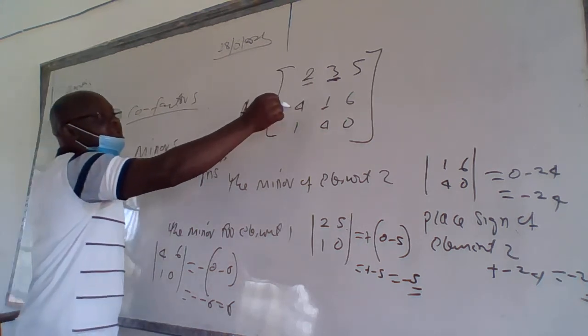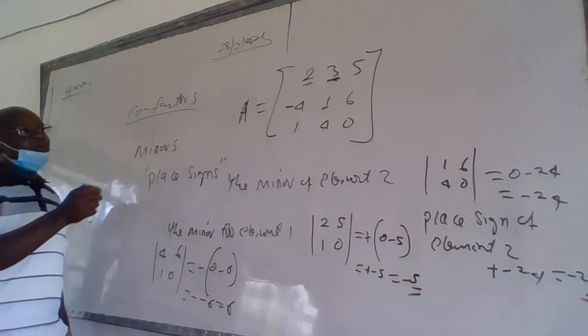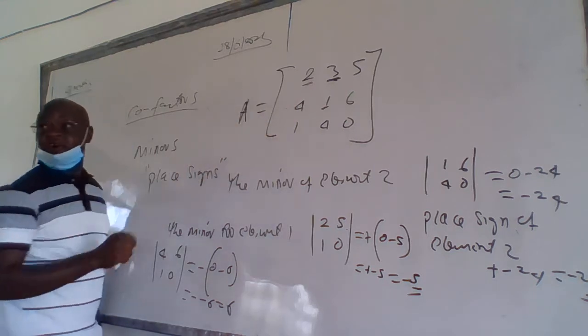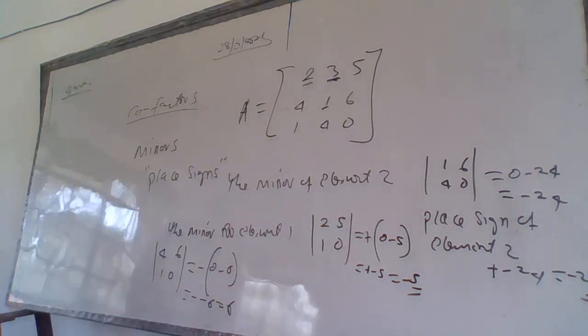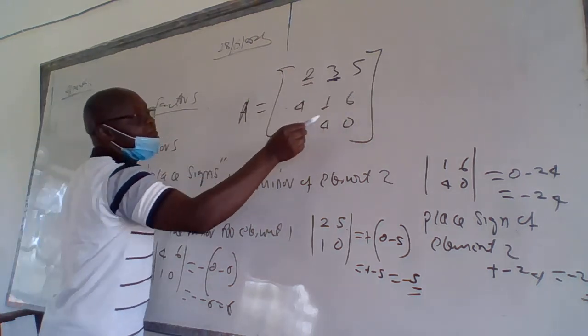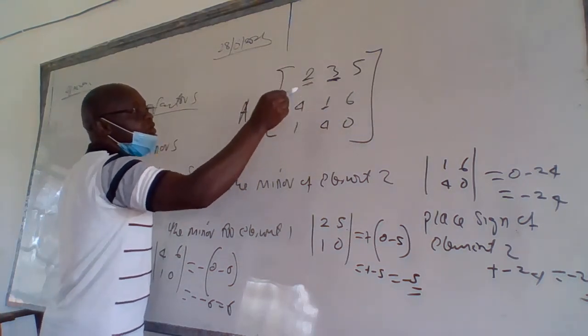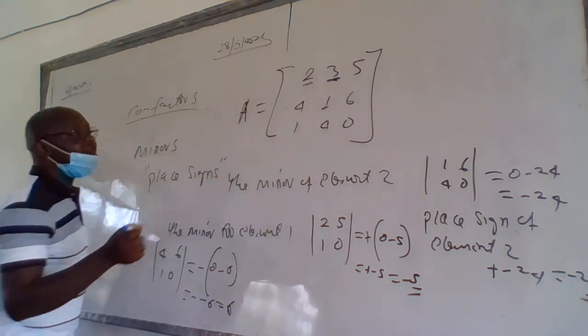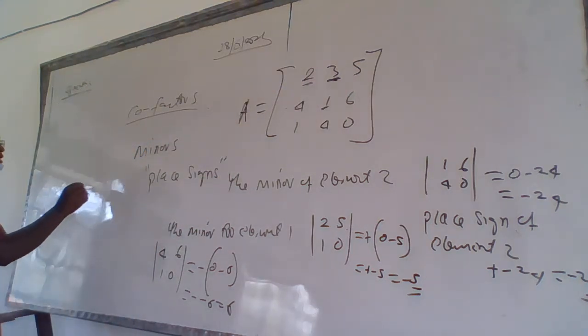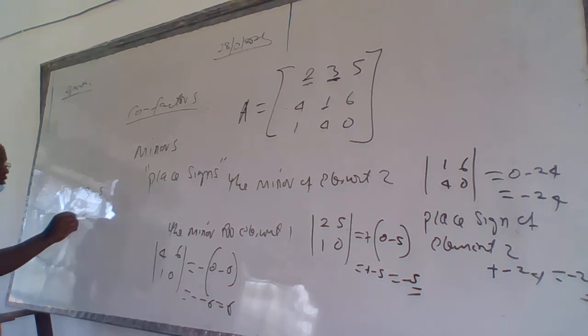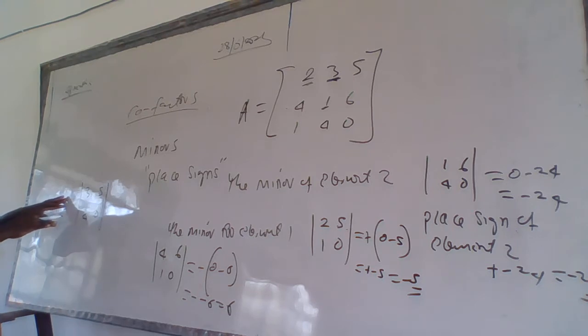Let's also find the cofactor for element 4. The minor for element 4, we block this row and this column. So we have 3, 5, and then 4, 0. This is the minor for element 4.